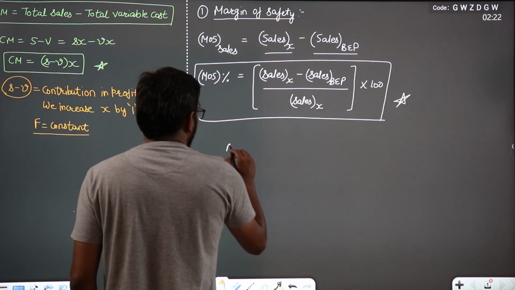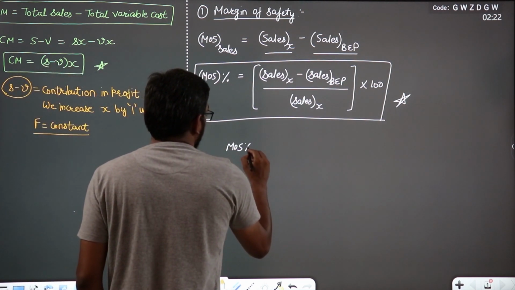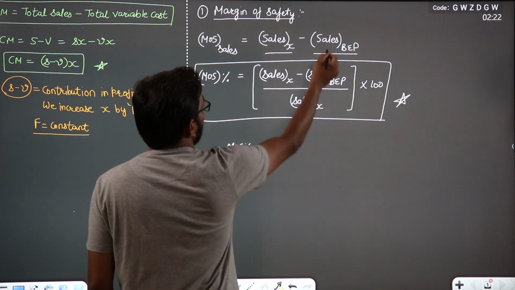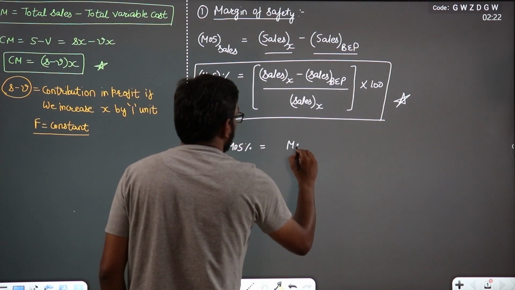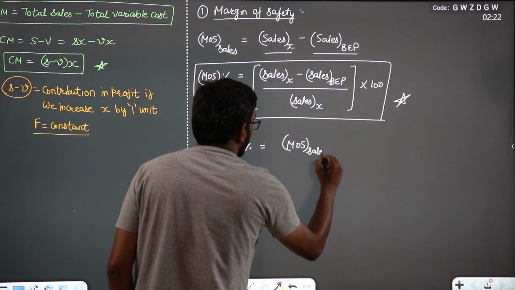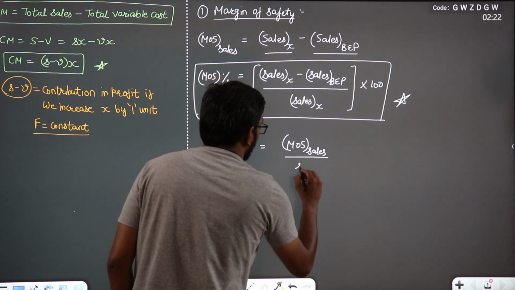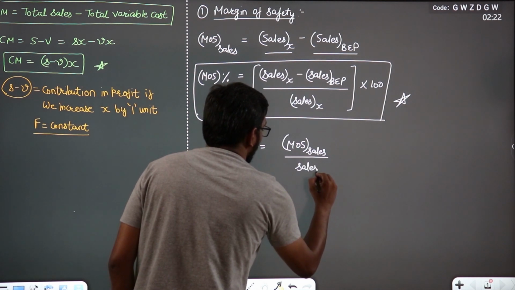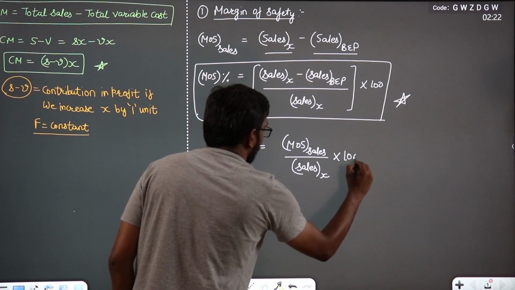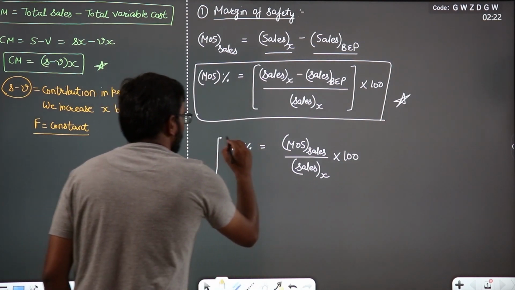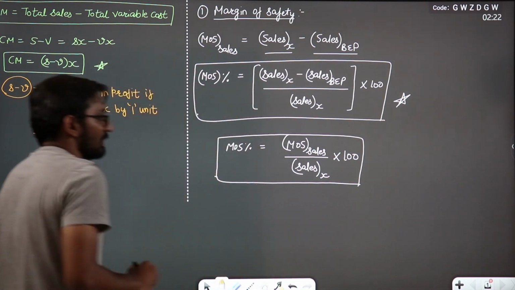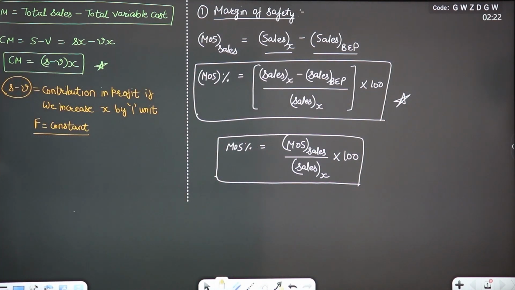The margin of safety percentage is sales at any X minus sales at break-even point, which is the margin of safety in terms of sales, divided by sales at any X, multiplied by 100. This is your margin of safety percentage, right? You have to remember this formula.